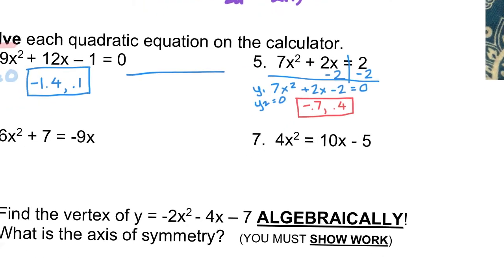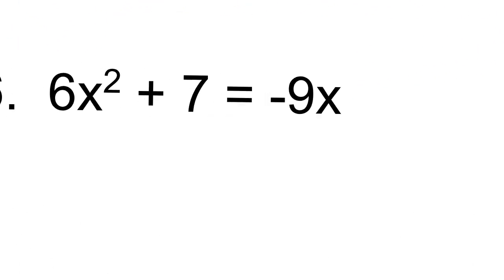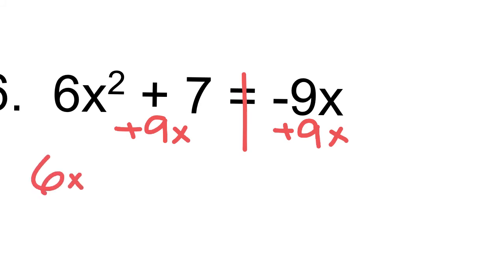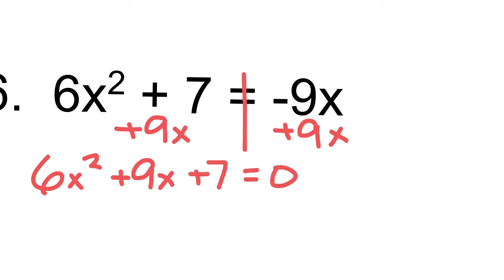Please look at number 6. What has to be done to make this in standard form? We'll have to add 9x to each side of the equation. Now as you rearrange this so that it is in standard form, you'll put this part of the equation into y1, and remember y2 will be set equal to 0.